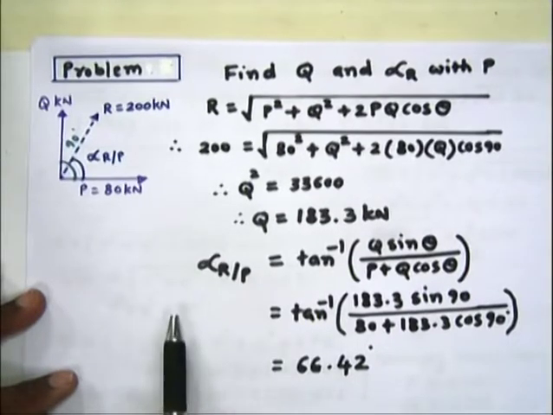So once again, using parallelogram law for these two concurrent forces, R is equal to root of P square plus Q square plus 2PQ cos theta. But R here is 200 kilonewton, so in place of R we can write 200 is equal to root of 80 square plus Q square plus 2 times 80 times Q cos 90, since the angle between these two forces is 90 degree.